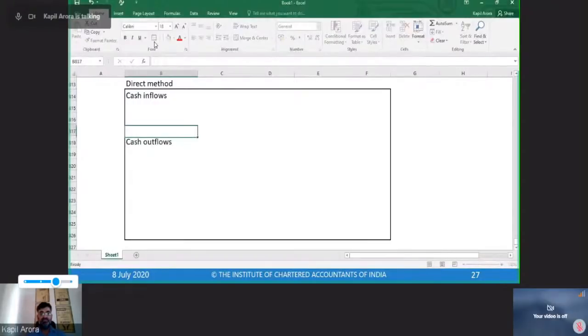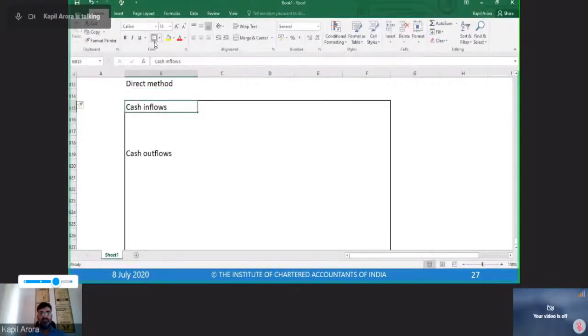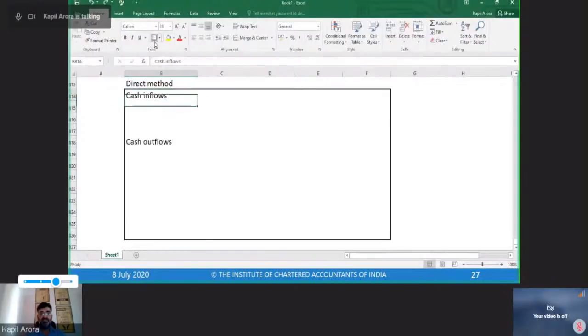This is for operating activities. Then we have investing activities.